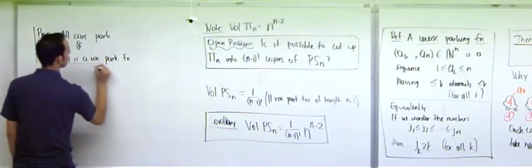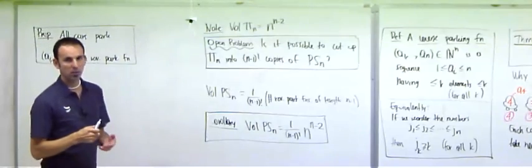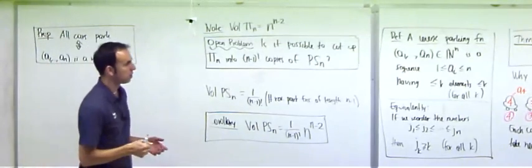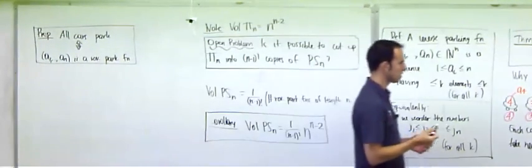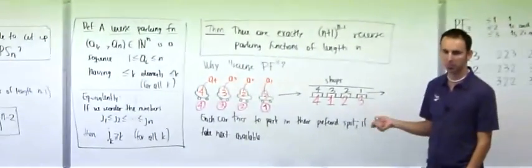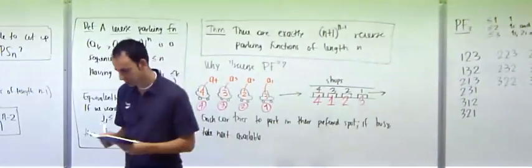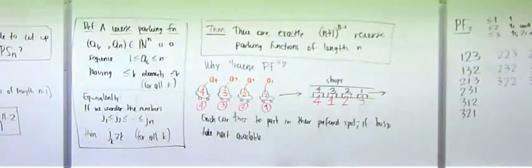And now I can tell you really what I mean by reverse, because you see that the way I numbered my spots was from right to left. People normally number them in the other direction, and that's what people normally call parking functions. Okay, so let's prove this.